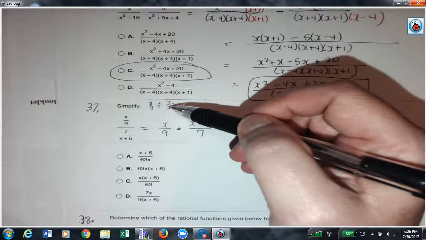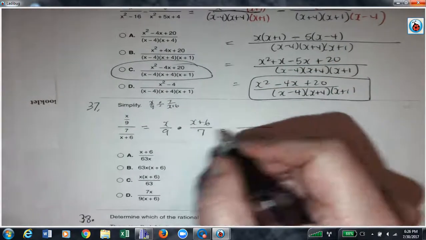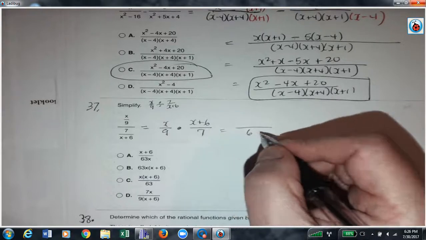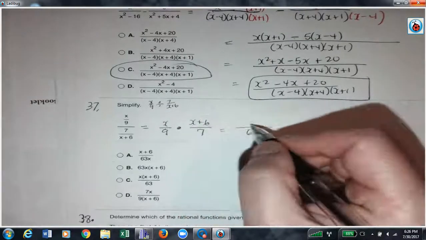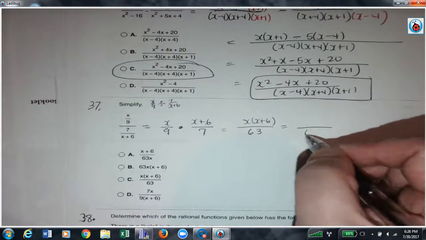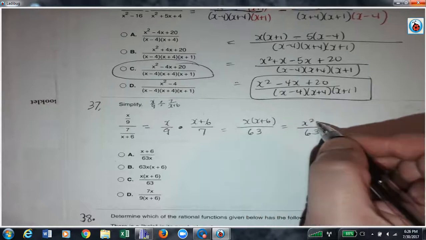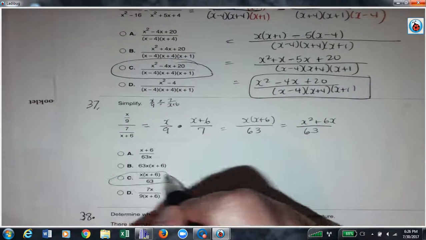And in the rule for divide, it's times the flip of that. So in the bottom, 9 times 7 is 63. And in the top, I'm going to have x times all of that. So that'll be x squared plus 6x. Or they have it like this.